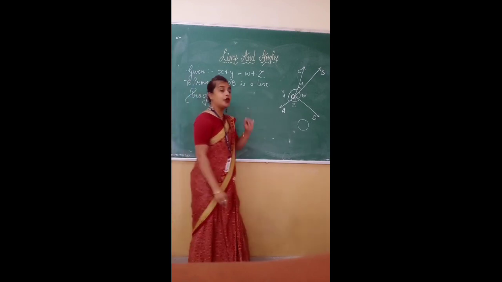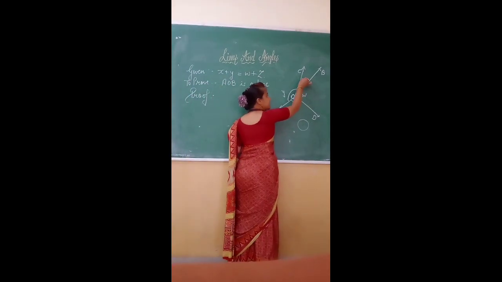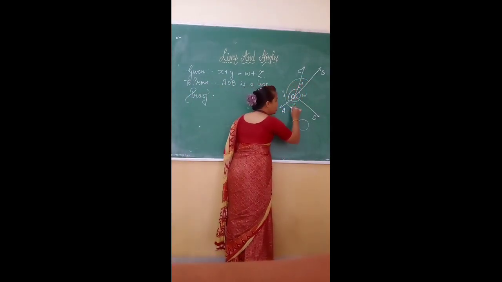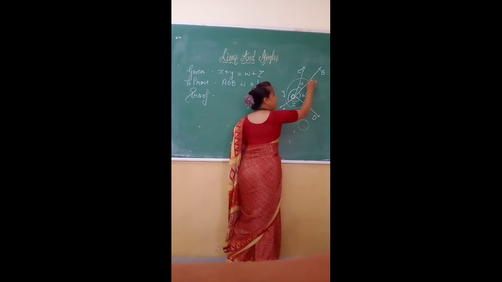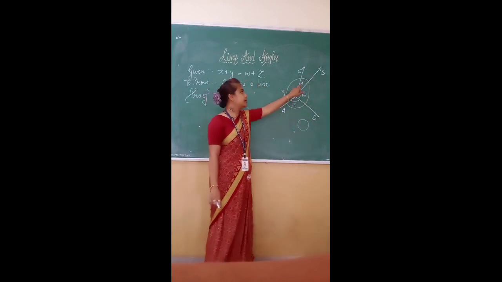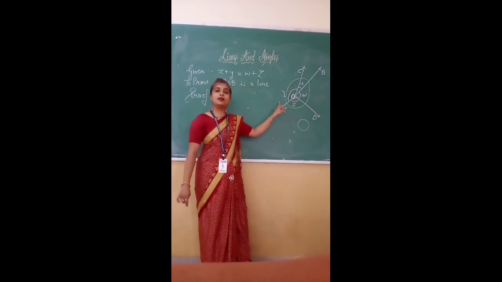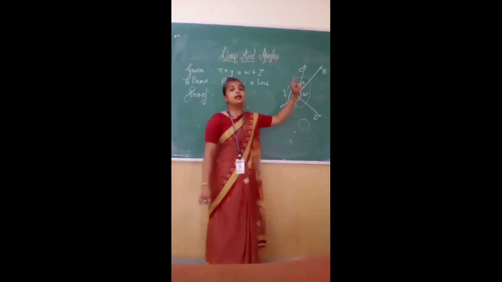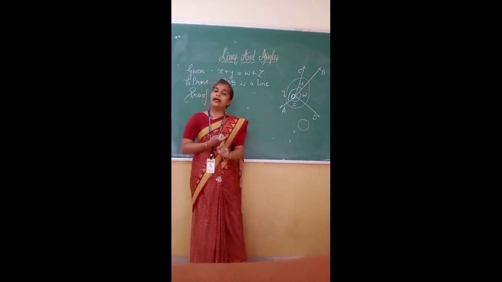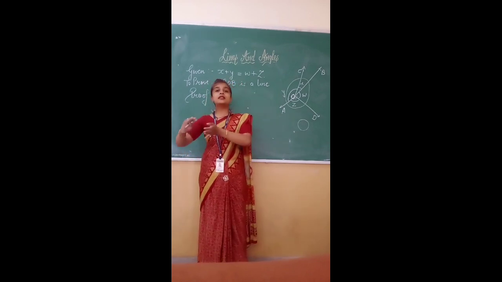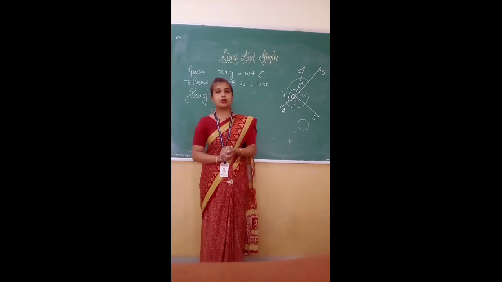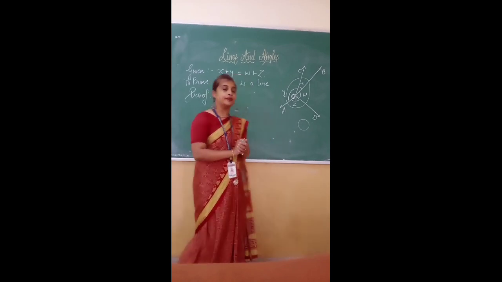Now see, from this figure, you can see that if we add all these angles, that is x, y, z and w, then the sum of all these angles is a complete angle. And if it is a complete angle, it means the sum of these angles is equal to 360 degrees.